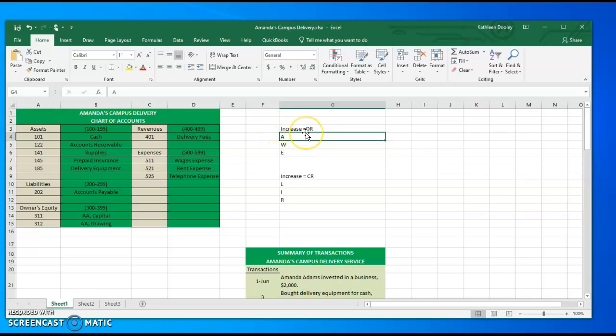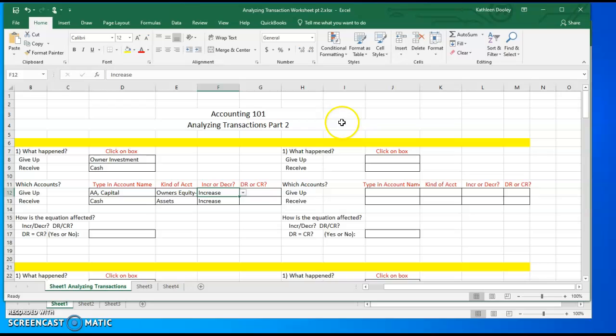The other one was an increase in owner investment. So I find investment, I go to the top. Do I have an increase? Yes, it's an increase, so that's going to be a credit. So here's my increase in asset, which was a debit, and here's my increase in owner investment, and that was a credit.